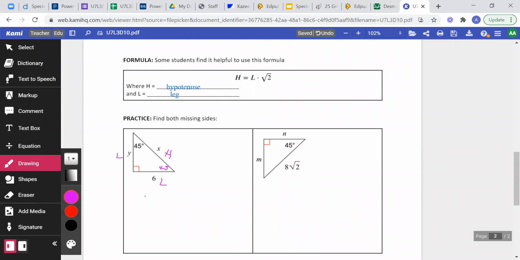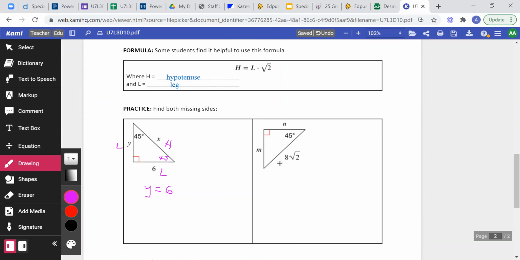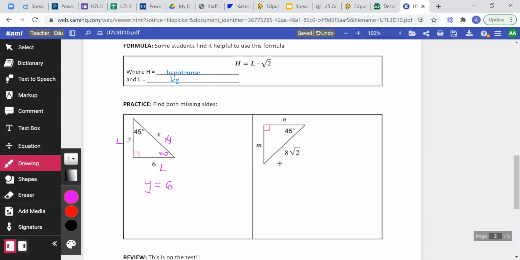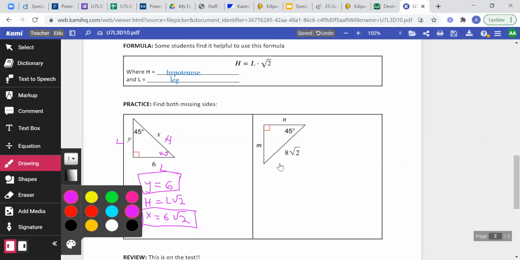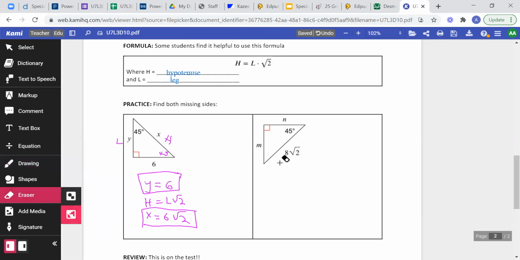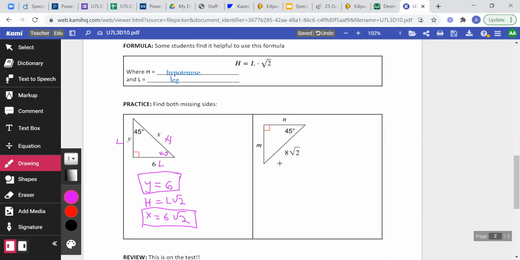Since y is a leg, 6 is also a leg, then y equals 6, okay? And then to find h, you use the formula h equals L square root of 2. H is x, L is 6, so x is 6 times square root of 2, then you are done. You don't need headache calculations.